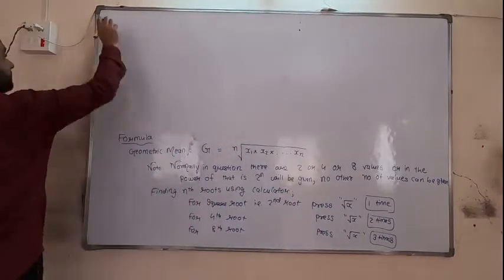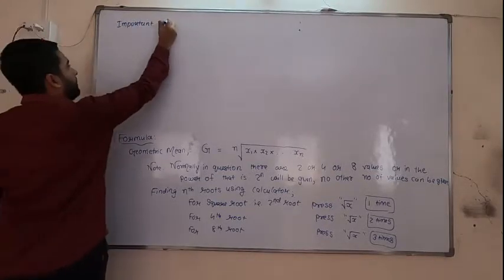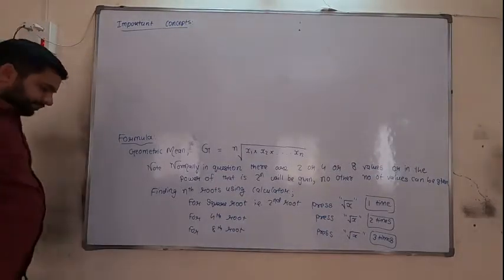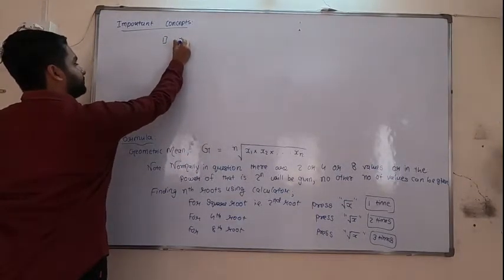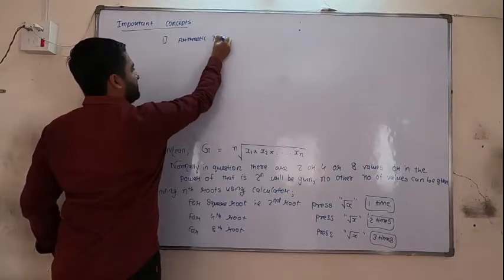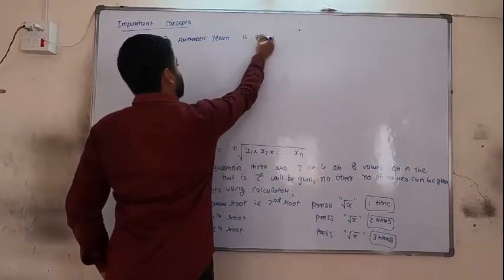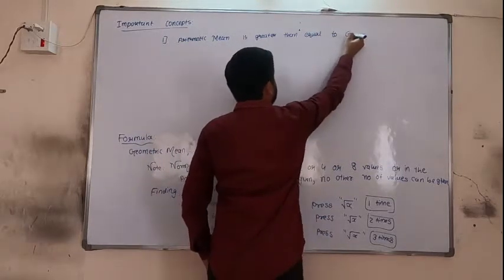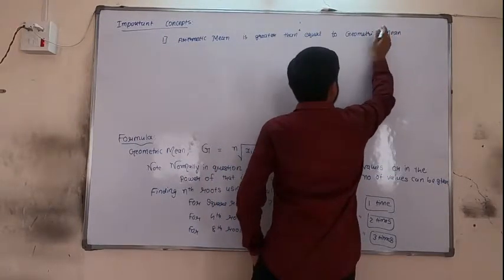Okay, after that you will write important concept number 1: arithmetic mean is greater than or equal to geometric mean.